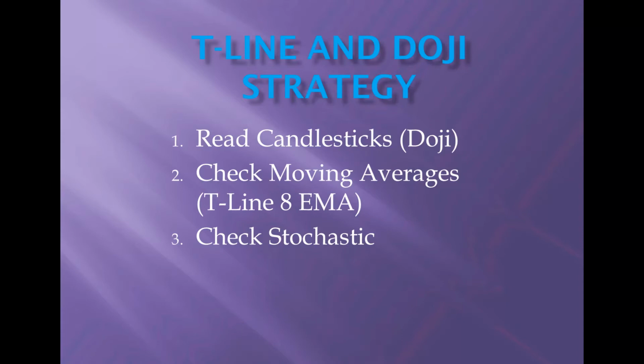And on the template that I give all of my students, it's usually yellow in color. If you don't already have that 8 exponential moving average, you can simply add it to your MT4. It's called the T-line, which is short for trigger line. And then the third step that we follow is to check the stochastic oscillator.